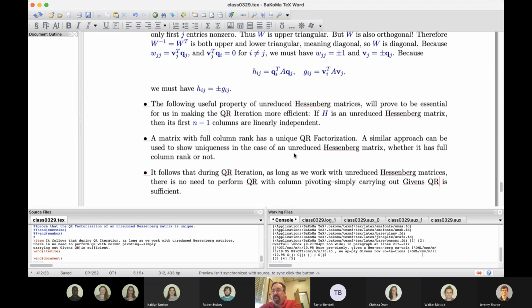You rearrange the columns of A to get the right structure. But it turns out there's no need to do anything like that here. We could just do straightforward QR factorization as I had covered, like using Givens rotations. And at least we have that assurance that this is going to work, that it produces the one and only QR factorization.